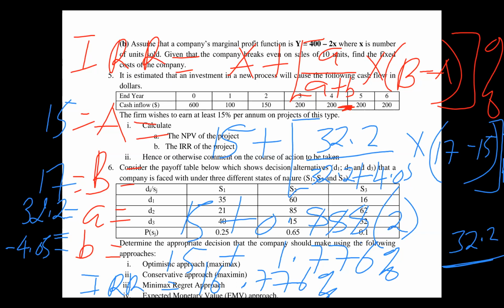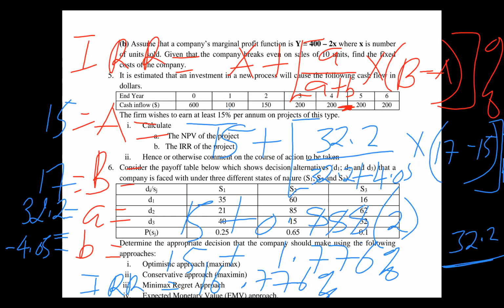All right. So you have to pay attention to the way these decision rules work. What is the decision rule? The decision rule says, as long as the internal rate of return is higher than the target, which according to this project is 15%, isn't it? They are saying that the firm wishes to earn at least 15%. So as long as this internal rate of return is higher than the expected, we can invest in the project.